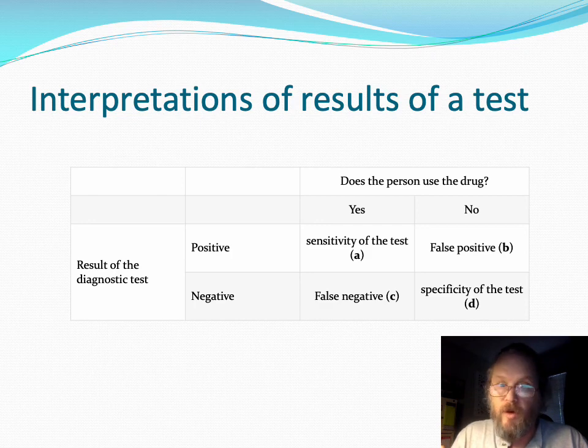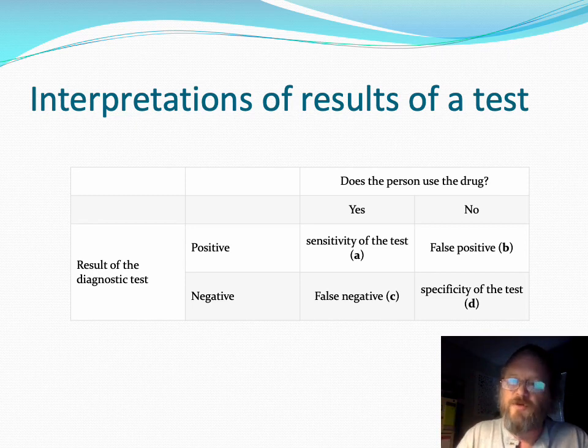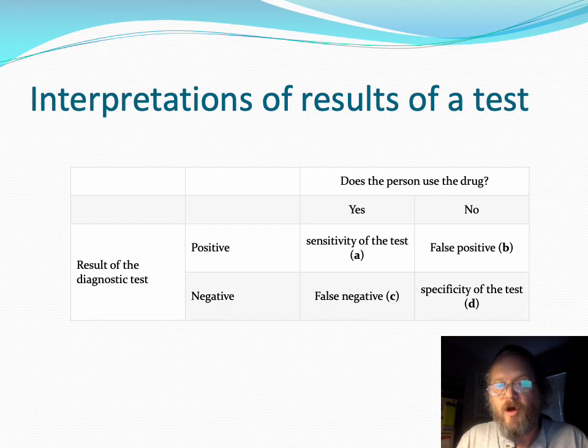It was an A, but we called it something else, that's called a false negative, and we'll give that C. So the other possibility in the population, in truth, in reality, is the person does not use the drug. The base is not A, it's actually something else, all right? So if we test positive for the drug, this is a false positive, and we'll give that B. The final possibility here is a true negative, right? No and negative.